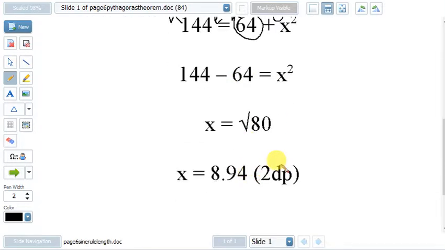So now we're trying to get the x on the right hand side by itself, so we've got to bring the x squared across to the other side, and x squared, when we bring it across, becomes the opposite, which is a square root. So therefore x equals the square root of 80, which is 8.94 centimeters.